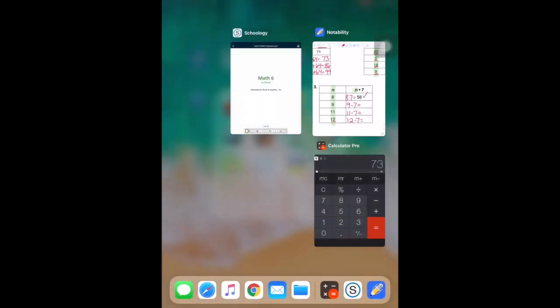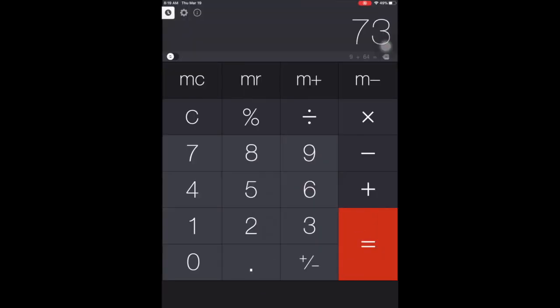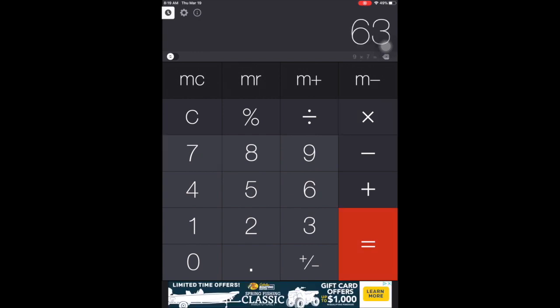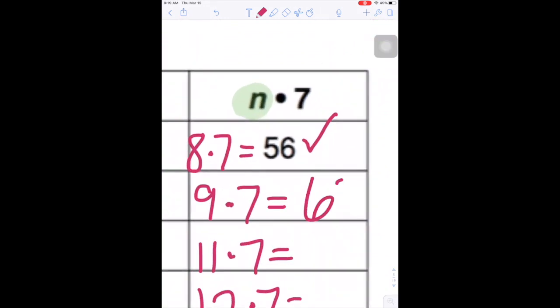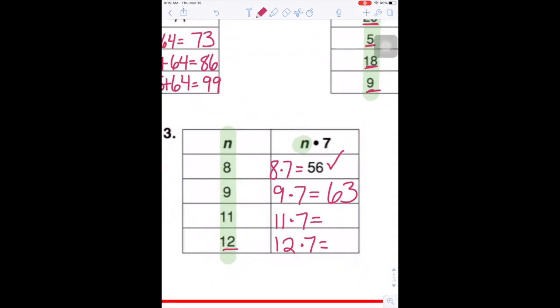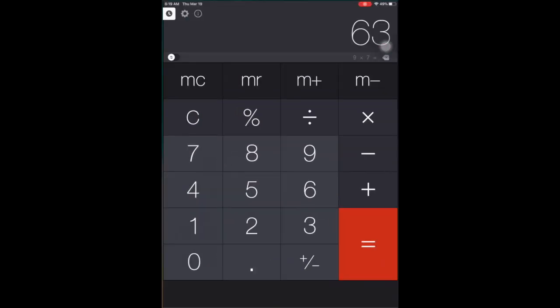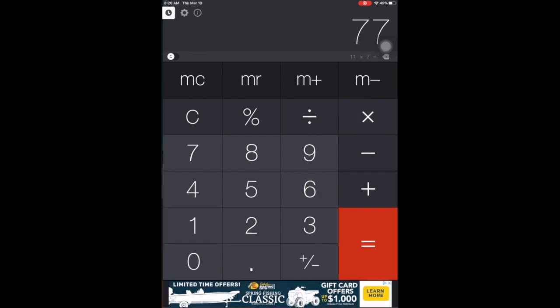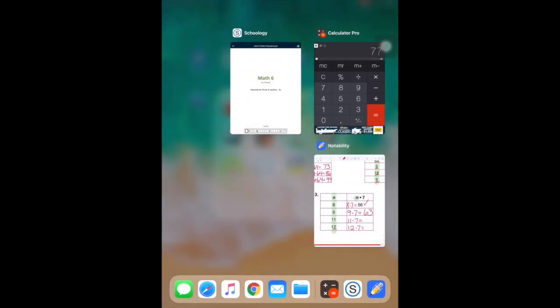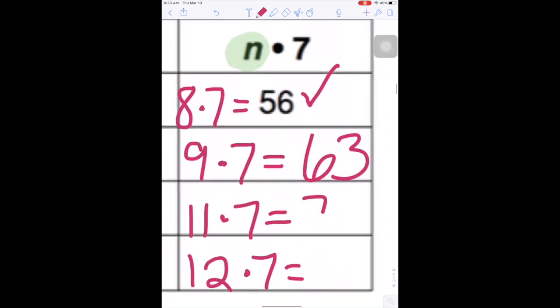So for each of them, I'm going to go on my calculator. Nine times 7 is 63. 11 times 7 is 77.